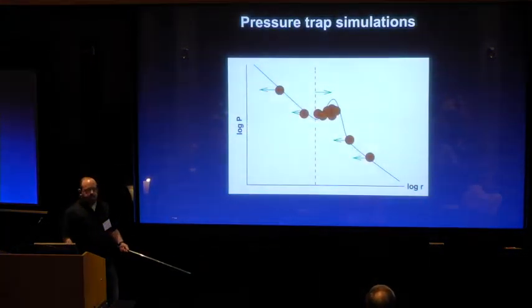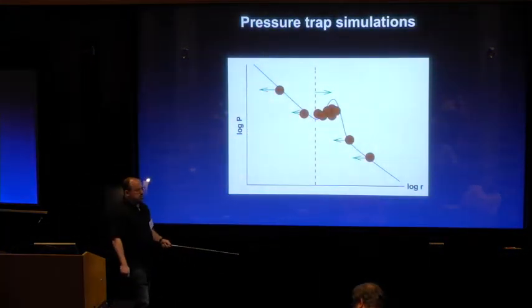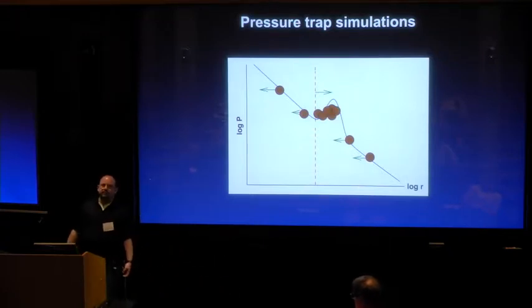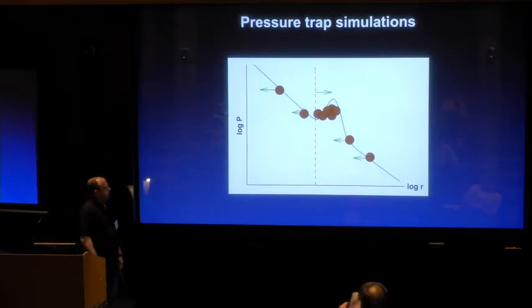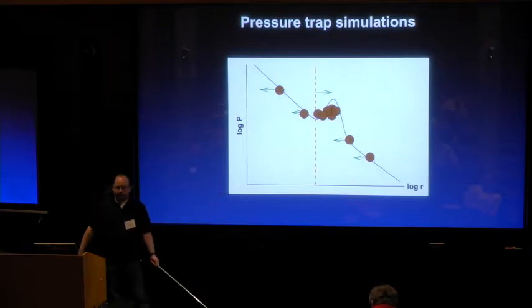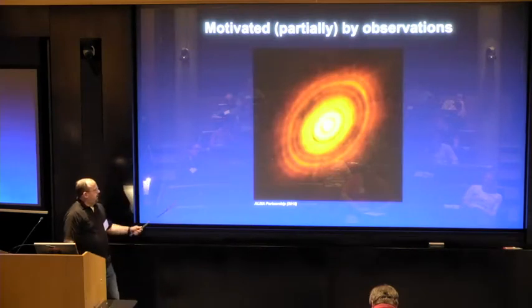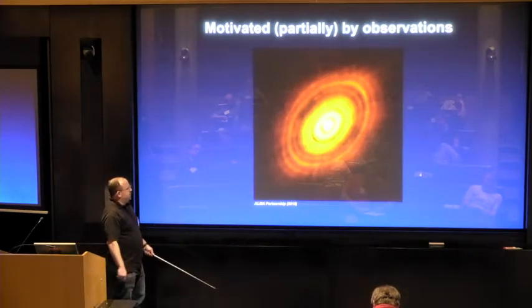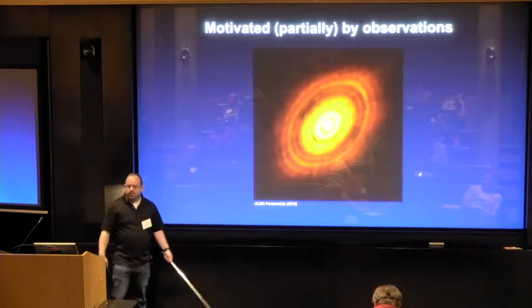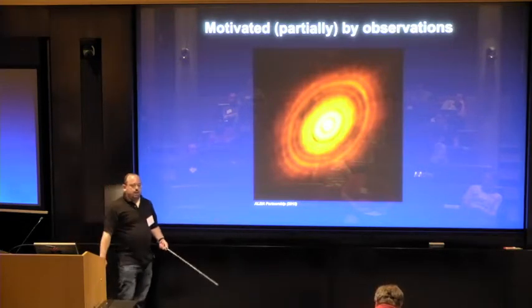Now I'm going to get into stuff in the last few minutes that is maybe not more speculative, but more hot off the supercomputer, hot off the presses, and that is to talk a little bit more about pressure traps. I didn't put any effort into finding the most recent ALMA images, so I just went back to the original one, the one that made everyone's jaw drop.